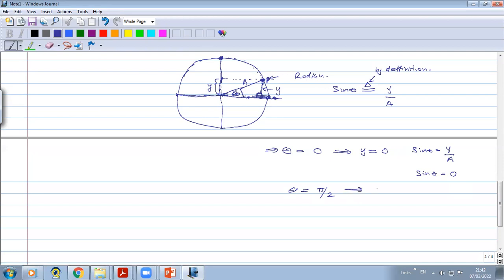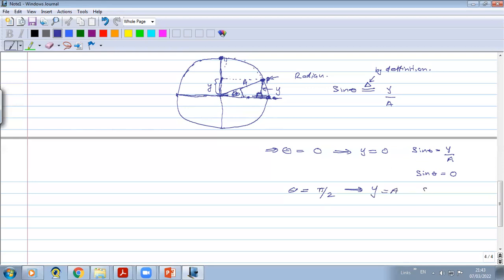So what is the y value? This point P is here, which means y is increasing, increasing, and exactly comes upon the top. So at theta equal to pi by 2, y will be equal to a.